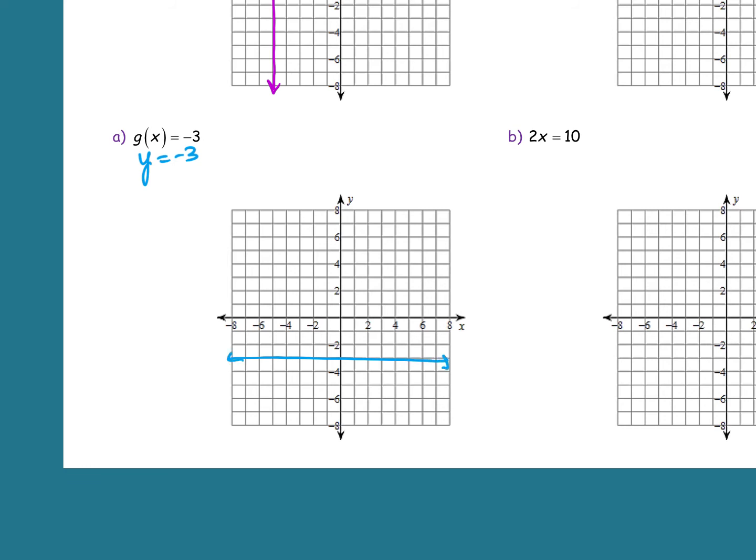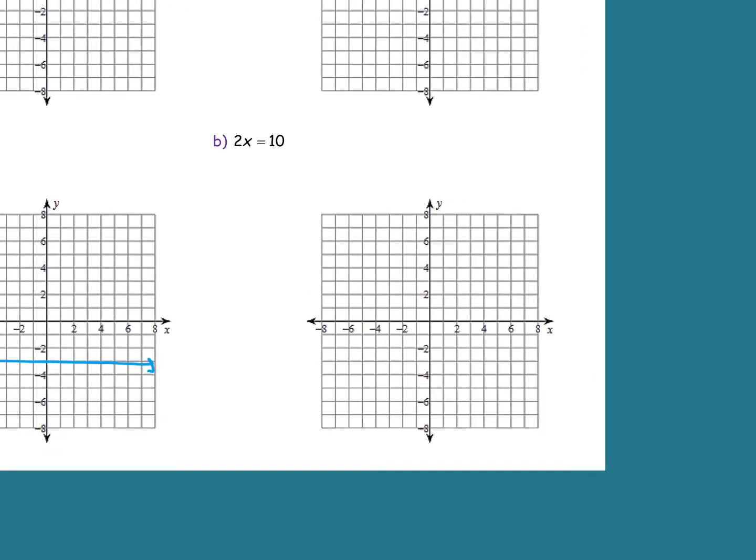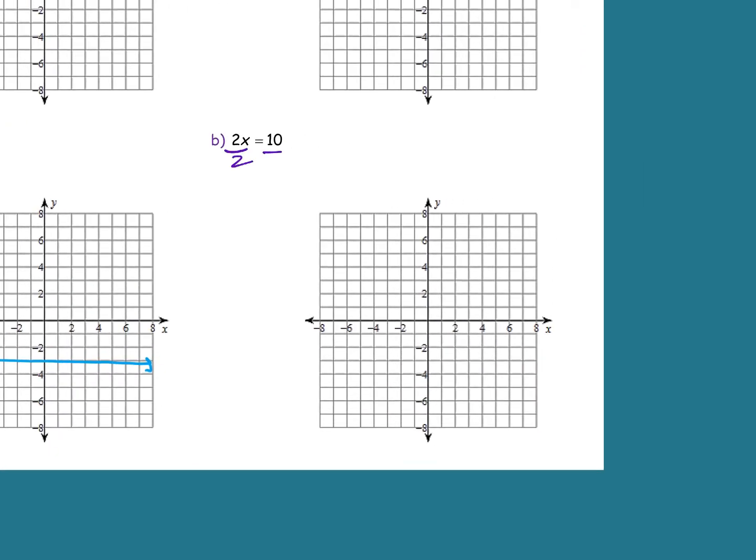Oh, that's horizontal. Yes, it's horizontal. Divide by 2. X equals 5. This one's vertical. And I think that's 5, yeah. I'm drawing semi-straight lines. Okay, questions?